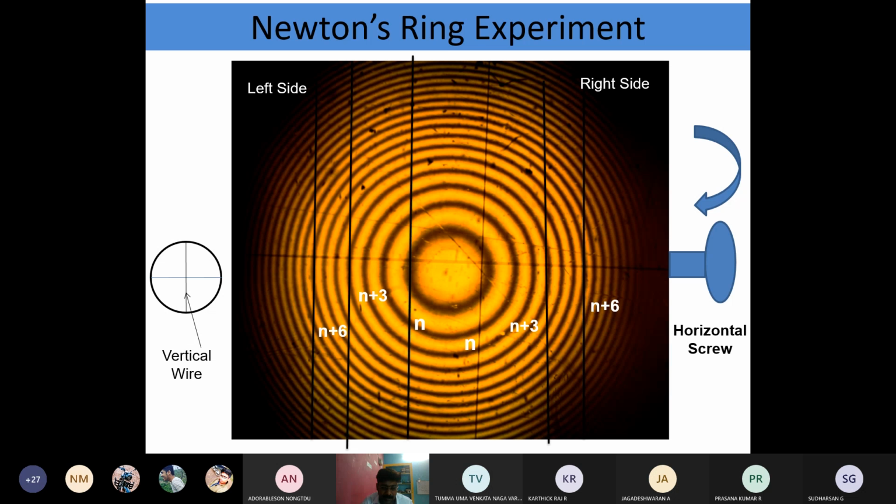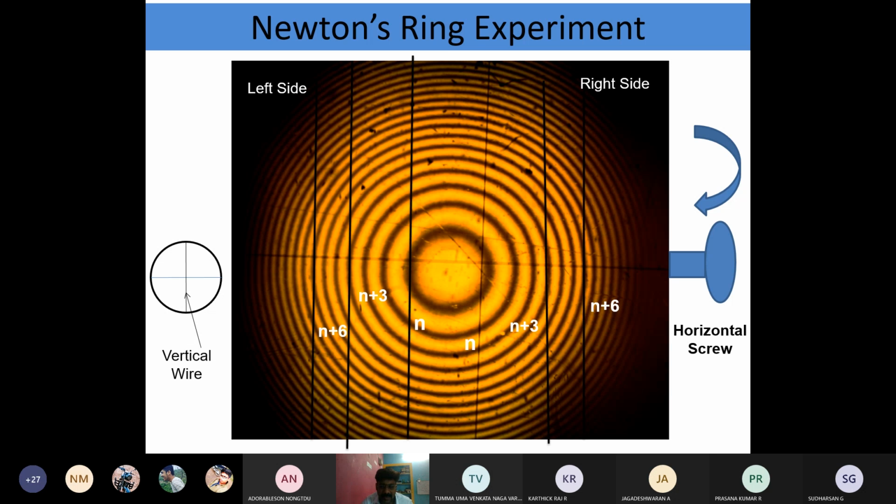After fixing the position, measure the value as n. N is equal to what is there in the main scale with reference to the vernier zero, plus the vernier scale coincidence.